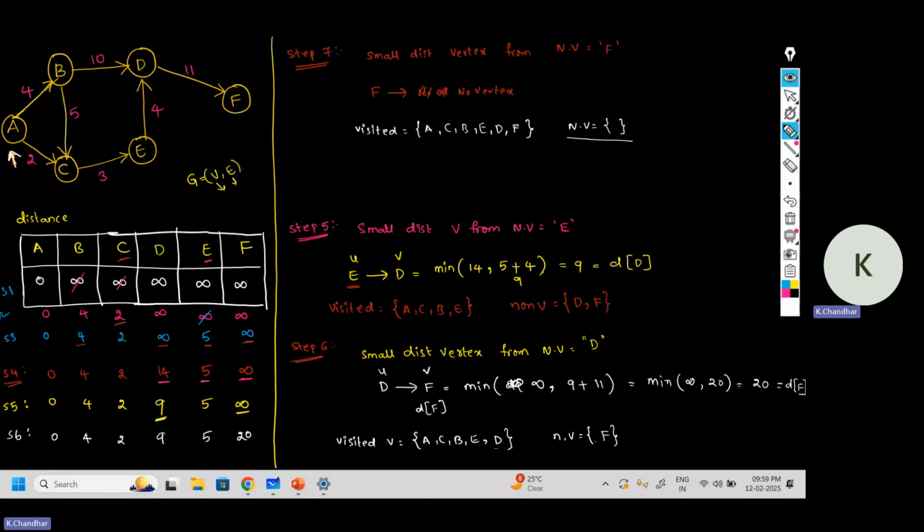And the updated values that you need to consider as the smallest distances from the selected source vertex. What is the source vertex? Capital A. So now I am going to write the distances.